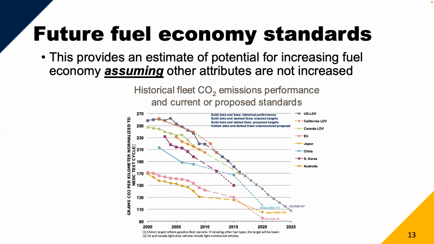A lot of researchers and people in the industry were able to do these projections and say, if the automakers focus their technological improvements strictly on fuel efficiency rather than improving power and making vehicles bigger, we can have a sense of what this looks like. These are emissions performance standards. Emissions and fuel efficiency are directly linked, so you can measure emissions impacts of fuel efficiency improvements.